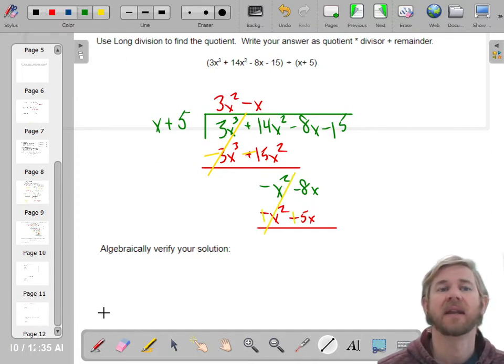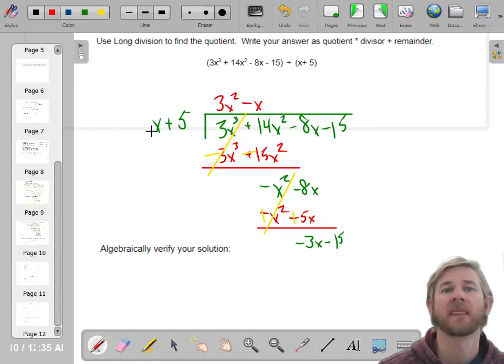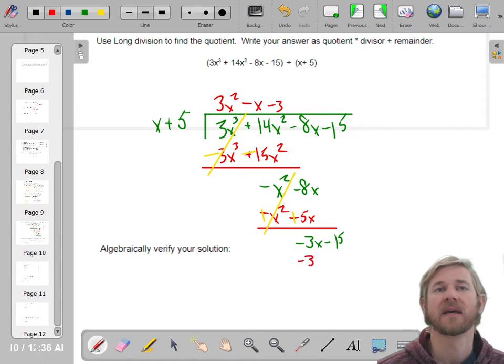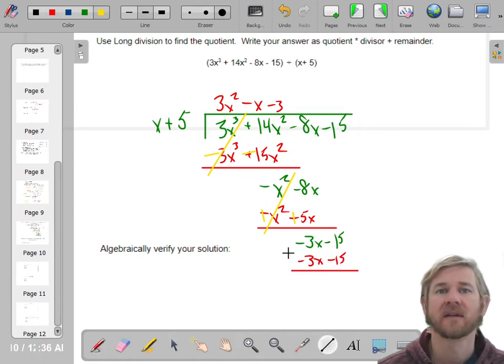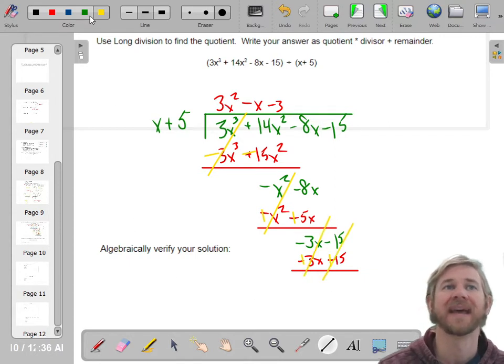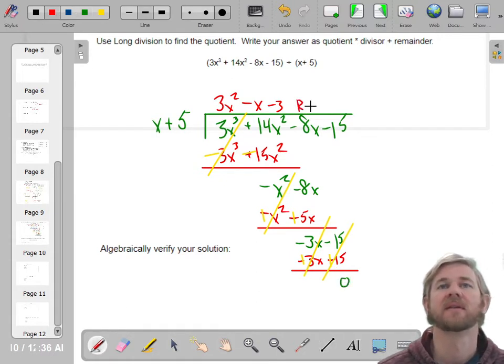And you get negative 8 plus 5, which is negative 3x, minus 15. And then we do it one more time. x times negative 3 gives you negative 3x minus 15. And if you'll notice, change the signs, cancel, and those also cancel. So again, in this problem, we get 0 as the remainder. So we'll say remainder 0.